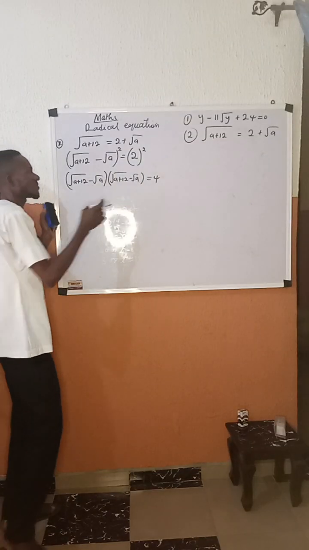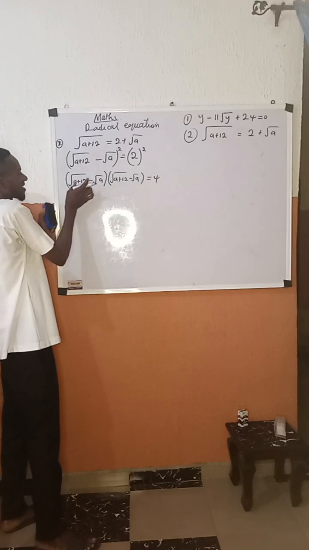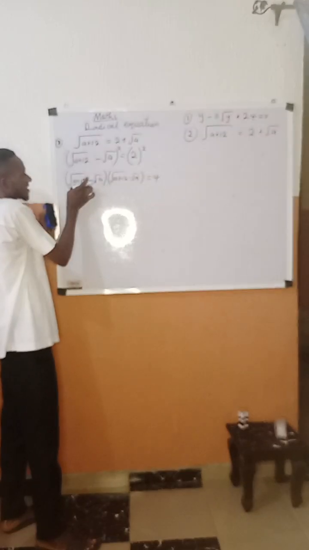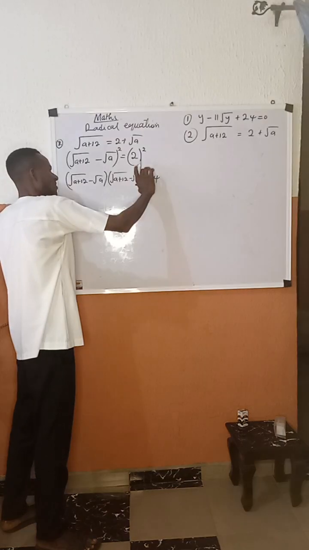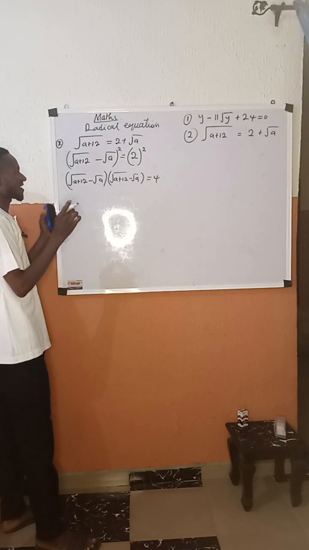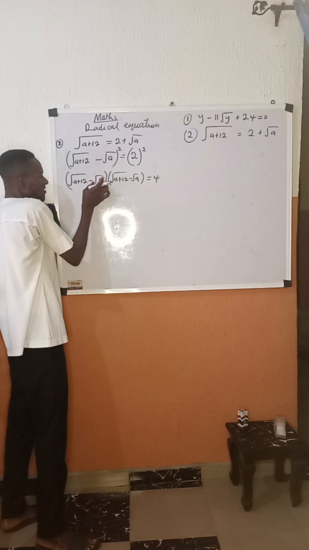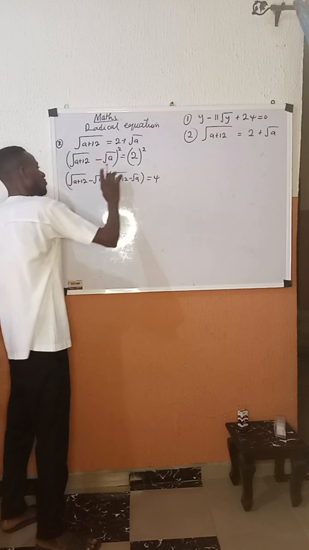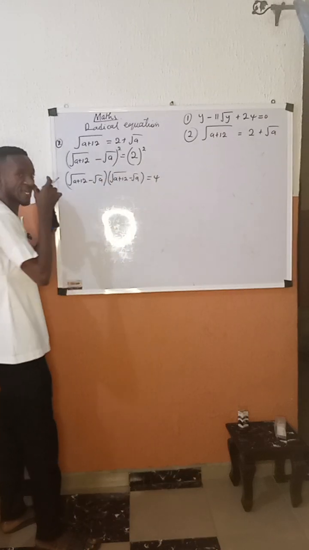By multiplying out these brackets, we use the first term in the first bracket to multiply all the terms in the second bracket, and then we use the second term in the first bracket to multiply all the terms in the second bracket.